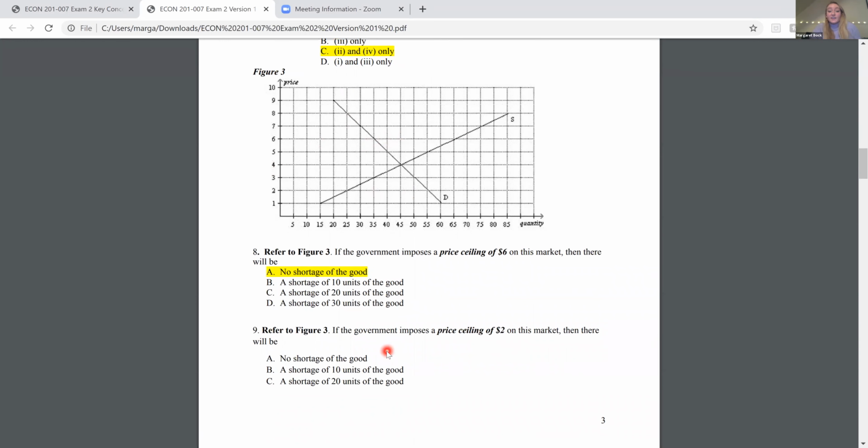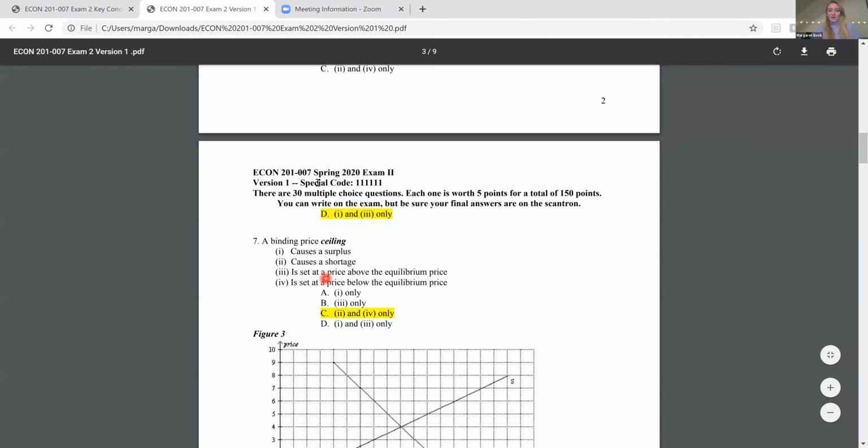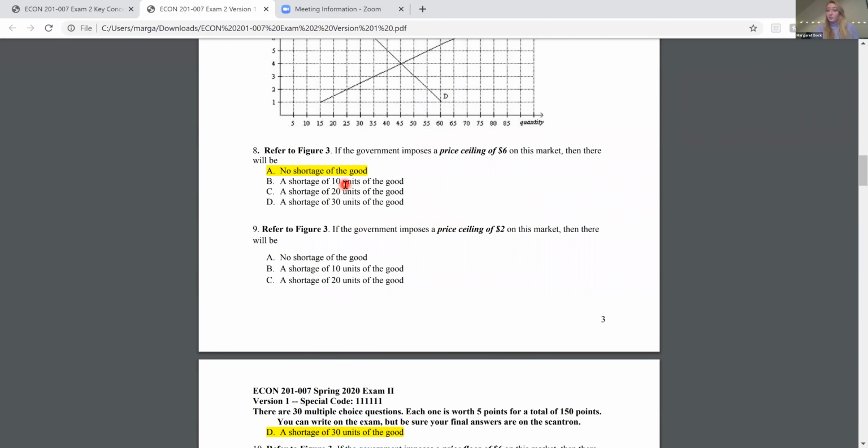But what happens if the government imposes a price ceiling that is below the equilibrium? And we learned up here in a previous question that a binding price ceiling is going to cause a shortage.